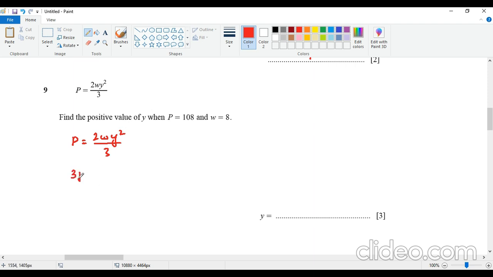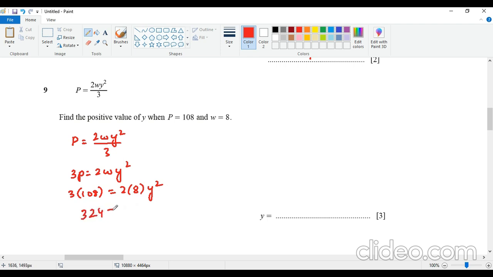So 3p equals 2w y square. P is 108. 2 times w is 8 y square. So 3 times 108 is going to give us 324.